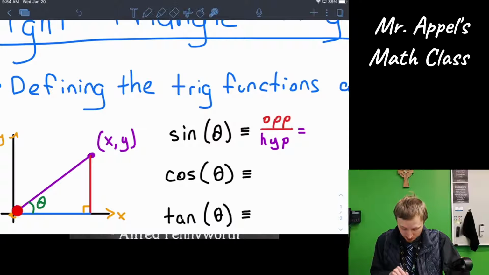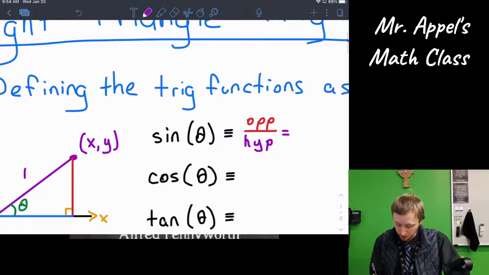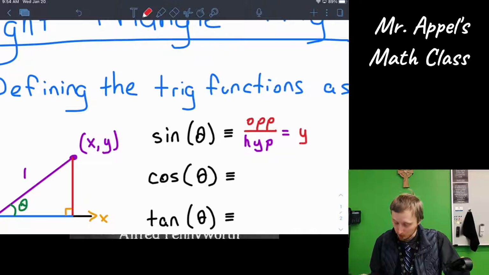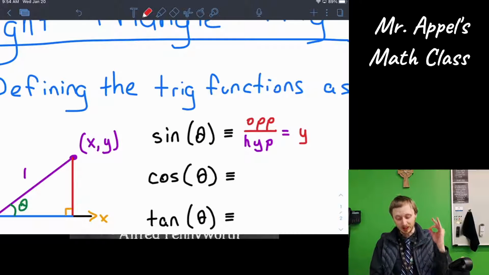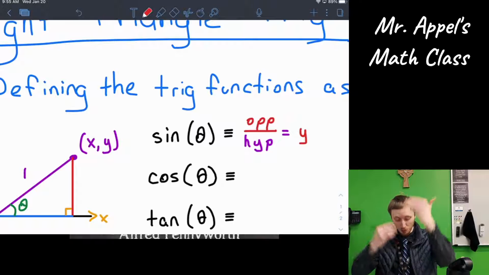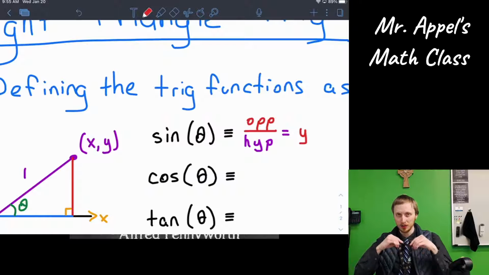becomes the opposite side is my y coordinate. The hypotenuse, remember this is the unit circle, it will always be 1. So it's y over 1, or simplifies just to y. Your sine of an angle will always give you the y coordinate of its position on the unit circle.